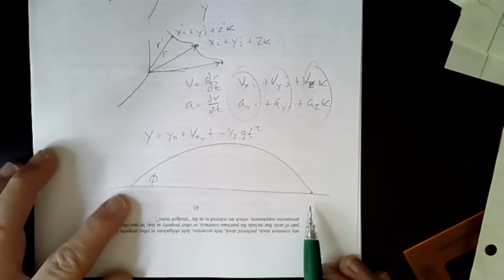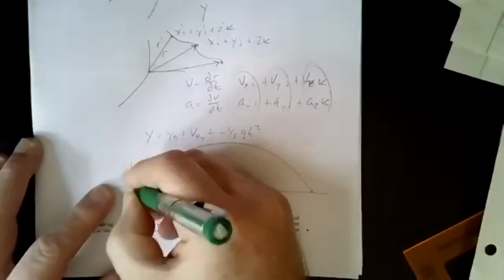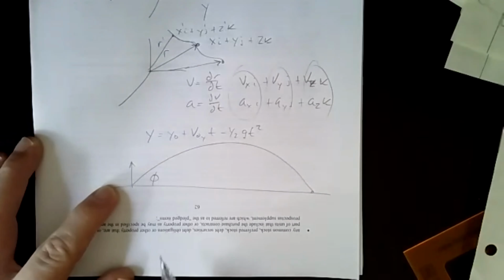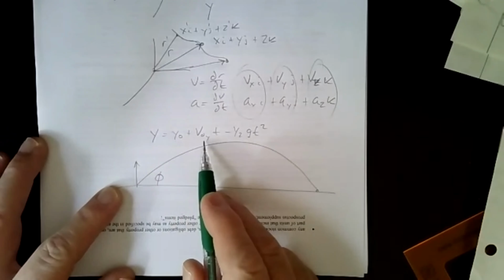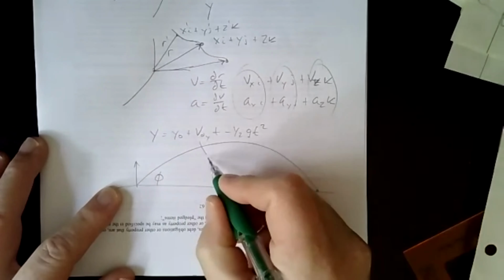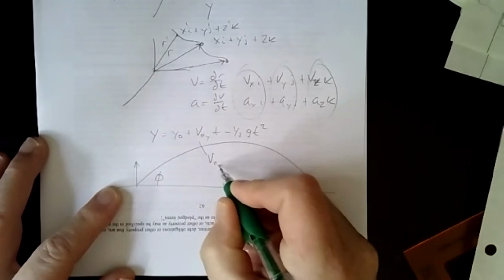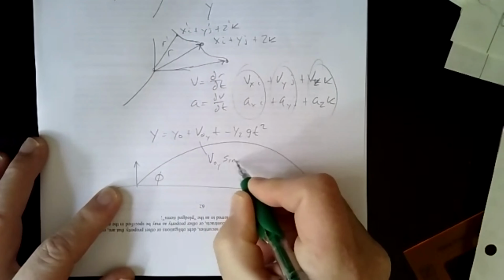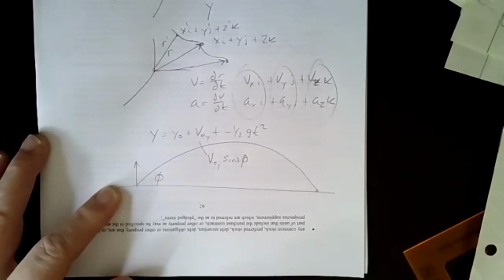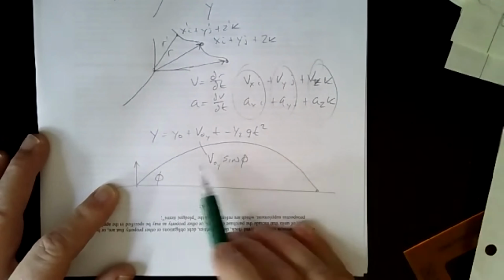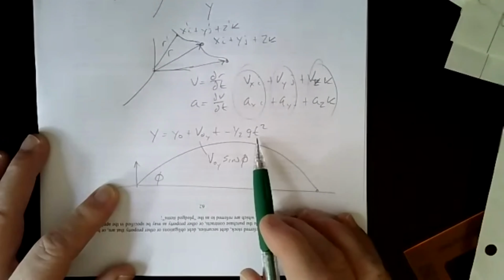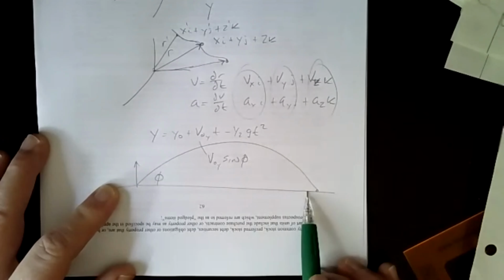And so if you know, for example, the initial velocity in the y, which in this case is just going to be v y naught times the sine of phi, then you can solve for time, assuming you know this distance.